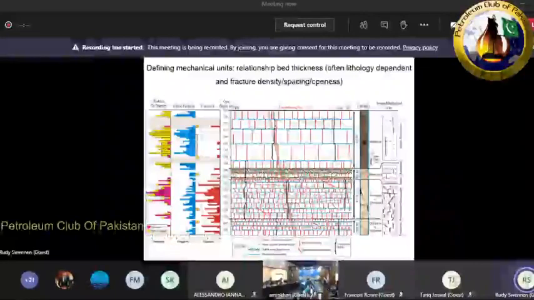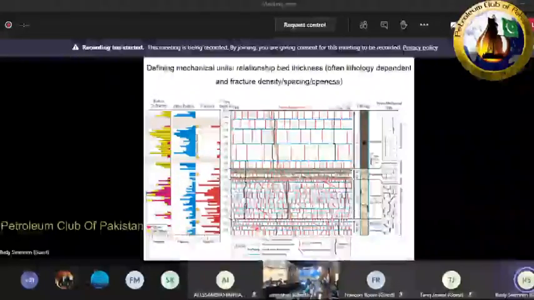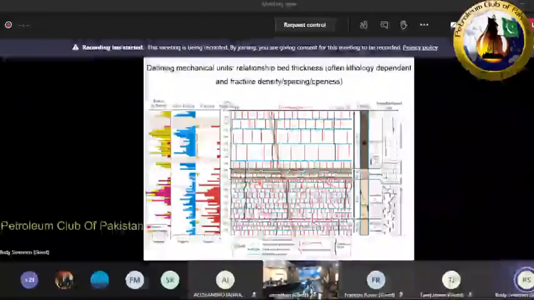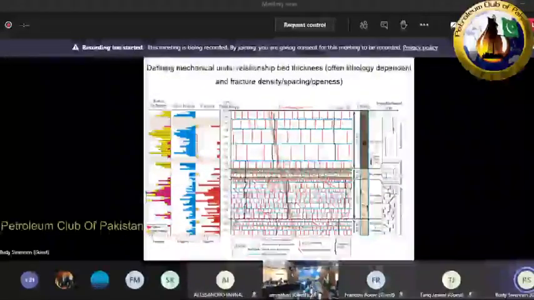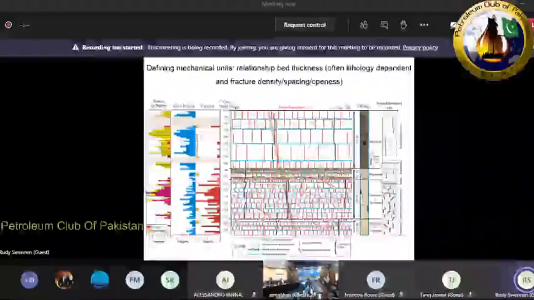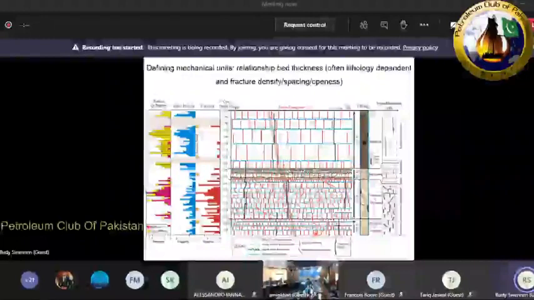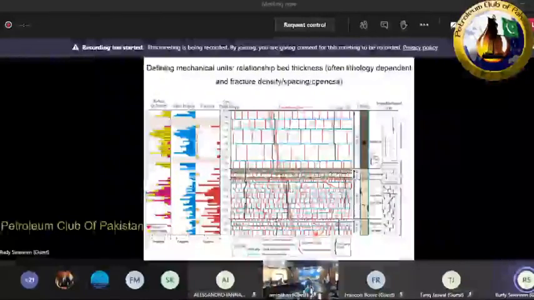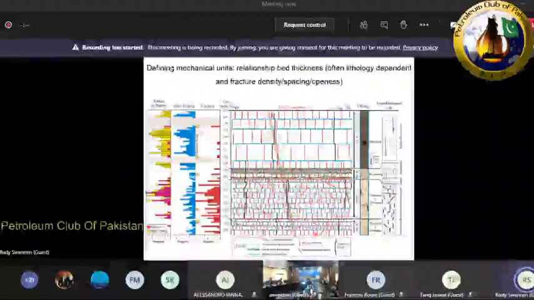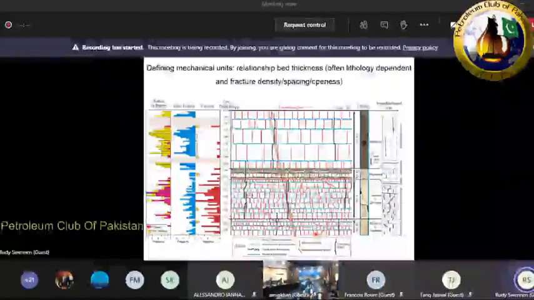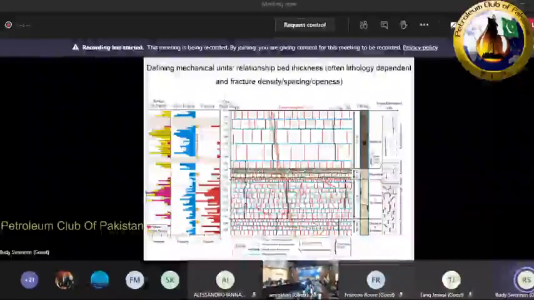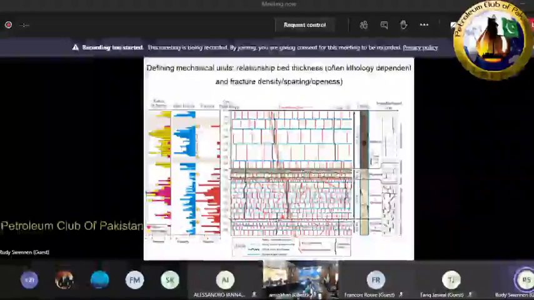And depending on which type of lithology, you will have another density of fractures, also with other orientations, and potentially also the opening. So in thick-bedded units, you more often have fewer fractures, but they are more open than in thin-bedded lithologies, where you have much more mudstone.